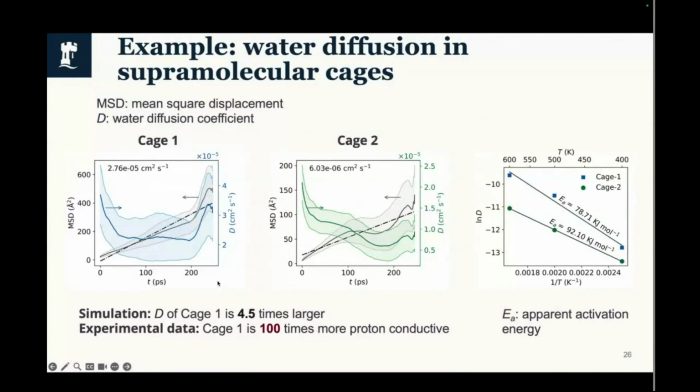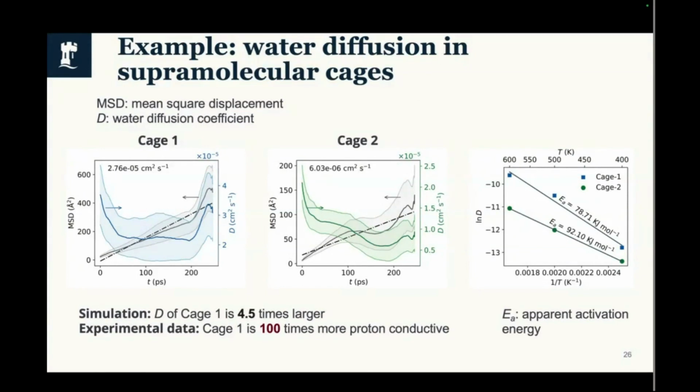And we found that cage 1, which has the TFA located everywhere inside the pores of the molecular cage and outside the pores of the molecular cage, has a diffusion coefficient about 4.5 times larger, and it also has a smaller apparent activation energy. But according to experimental measurements, cage 1 is 100 times more proton conductive.